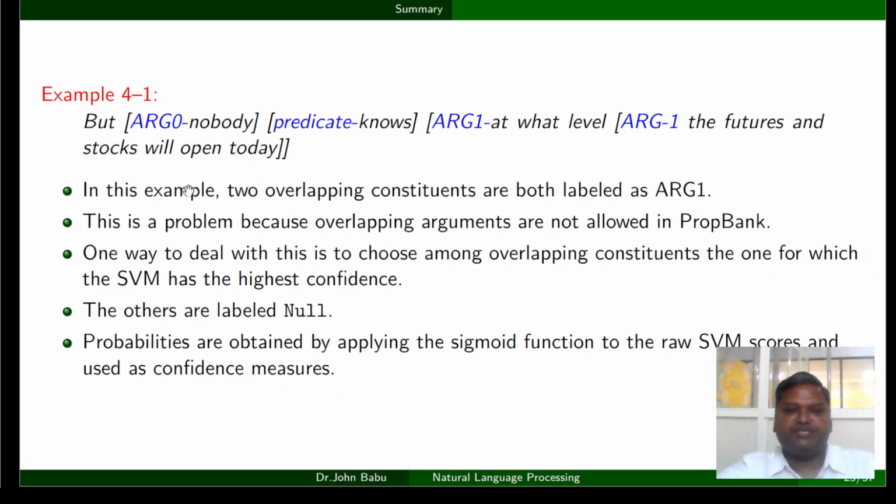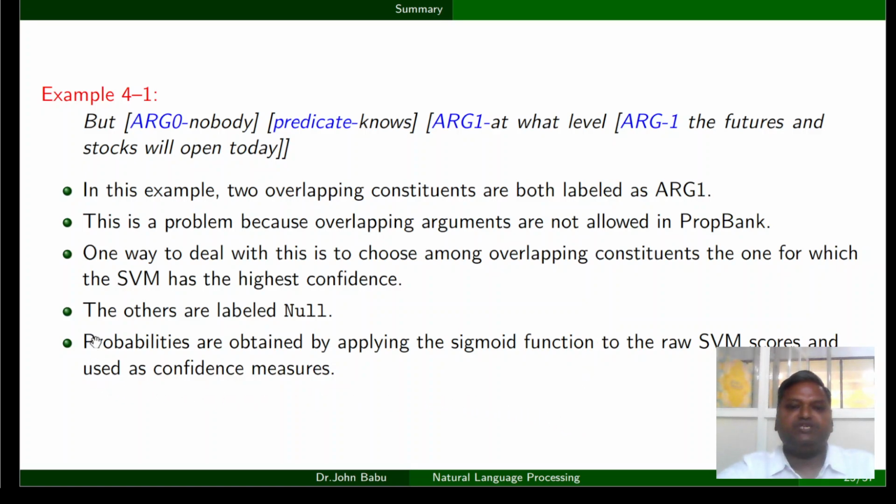For example, take the sentence: but nobody knows at what level the futures and stocks will open today. Generally when it is being classified, the predicate is knows, and what level is classified as argument 1, and the futures and stocks will also be classified as argument 1. So this is the overlapping problem, and this is not allowed in PropBank.